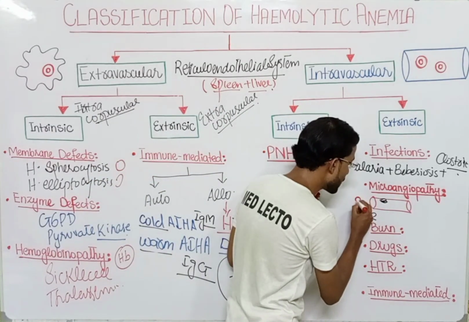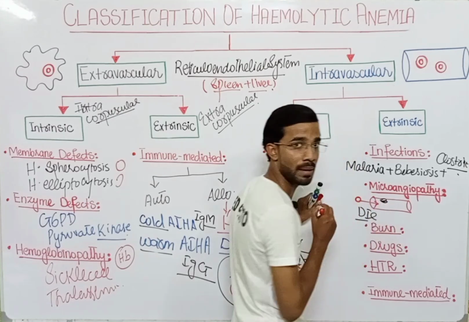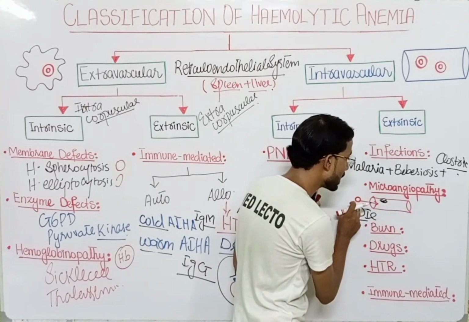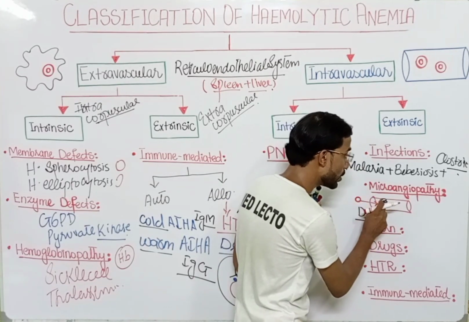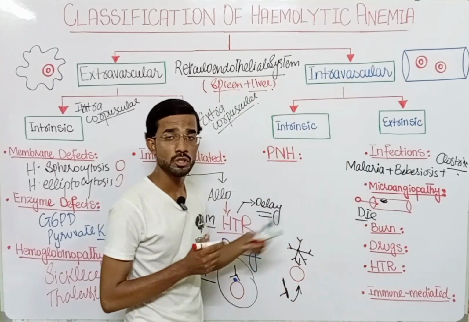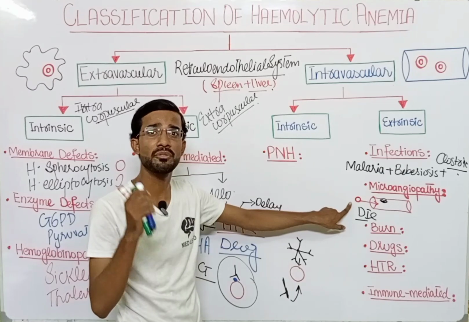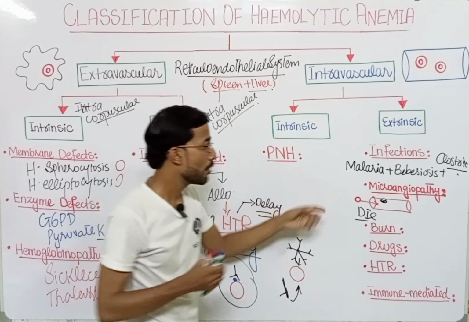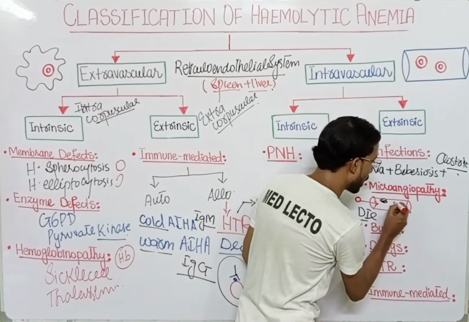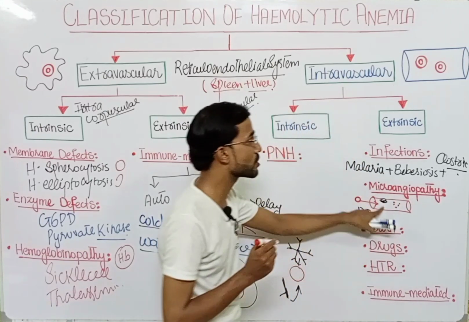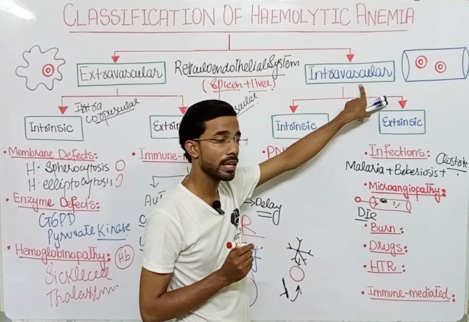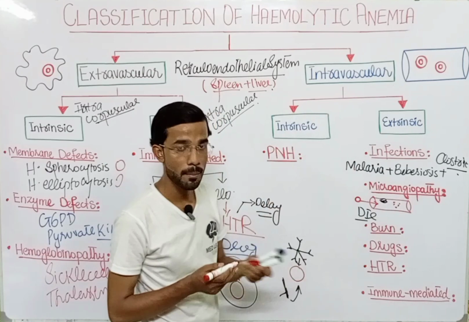Whenever the RBCs flow through this blood vessel, these RBCs will be destroyed by the clot. So actually the clot destroys the RBCs because RBC is very fragile. So when the RBC is destroyed, it will break down in the blood vessel, and that is actually the intravascular hemolysis that happens in the blood vessel.